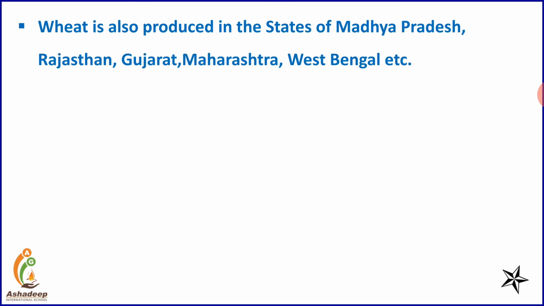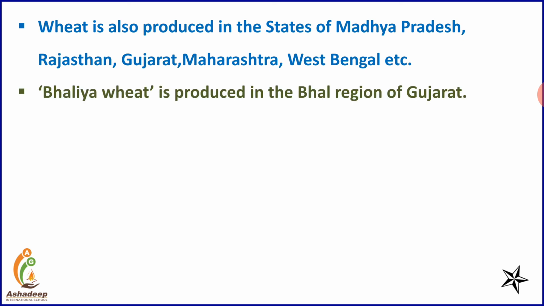Wheat is also produced in the states of Madhya Pradesh, Rajasthan, Gujarat, Maharashtra, West Bengal also. A special quality is Bhalia wheat, it's a type of wheat. Shihori, MP, Lokwan, Tukdi, these are the different types of wheat which are cultivated in different regions.